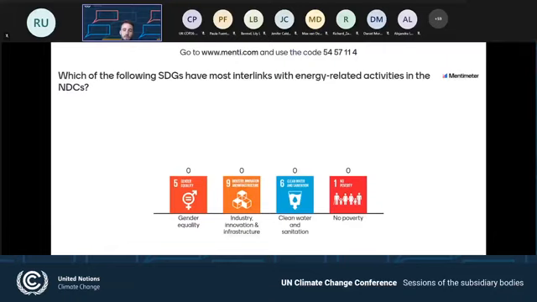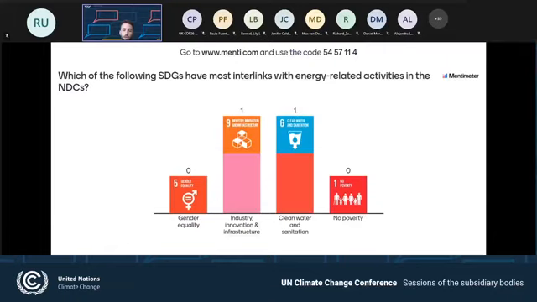The first one is gender equality, industry, innovation, infrastructure, clean water and sanitation, or no poverty. So please choose the SDG that you think is the correct answer to this question. Okay, so we see that industry is definitely winning this trivia so far. Let's just wait a few seconds more.